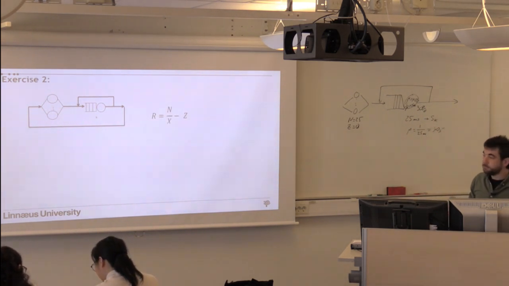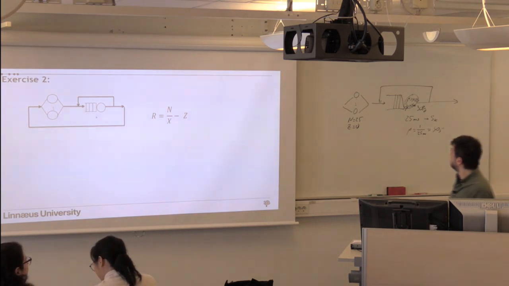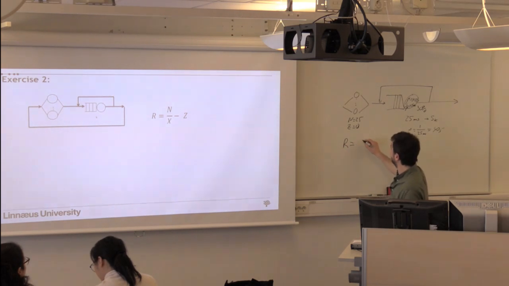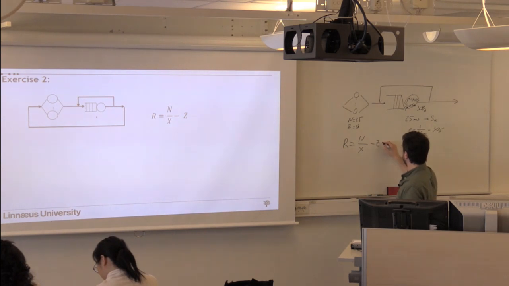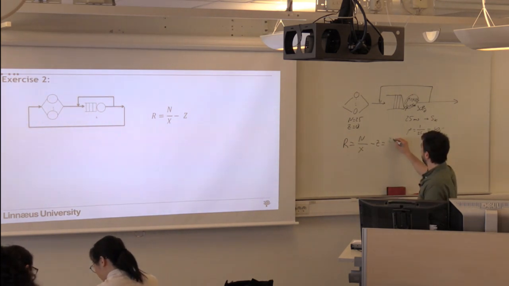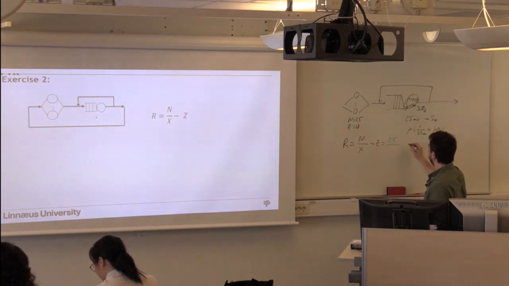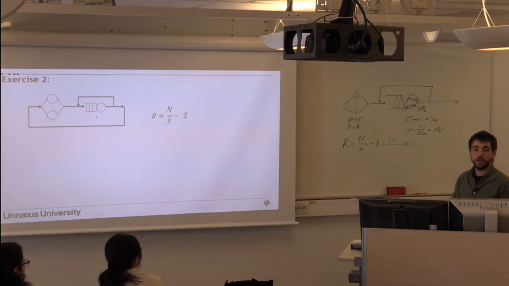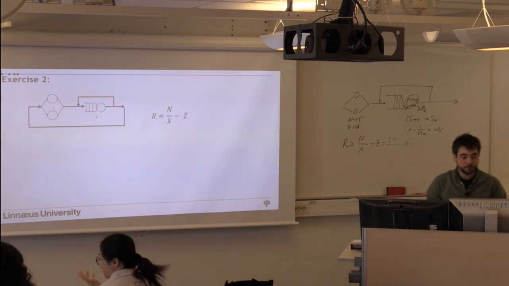So the response time, what we want to compute, will be N divided by the throughput minus the think time. So far we know that N is 25, and the think time is 18. So we have to compute the throughput of the system.